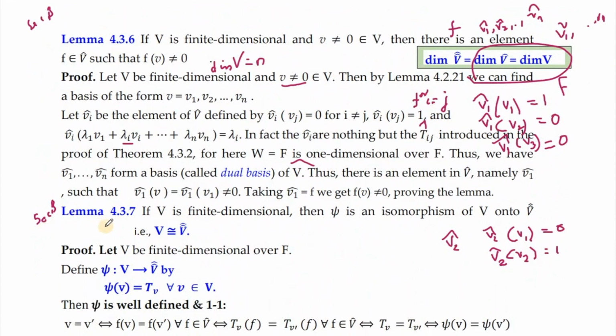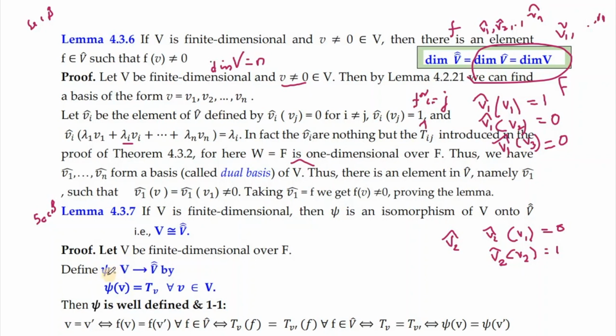Okay, so we have now, we will prove this lemma 4.3.7. If V is finite dimensional, then psi is an isomorphism of V onto V double cap. So what does it say? We can always define a mapping from V to V double cap with the help of this mapping, say psi.